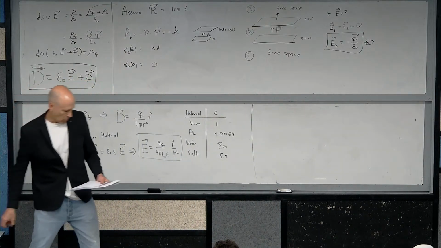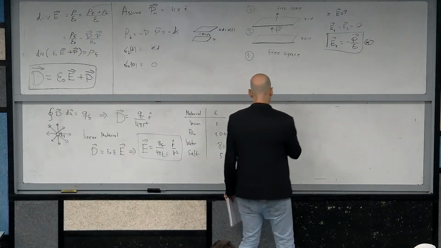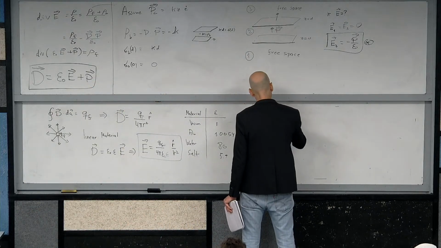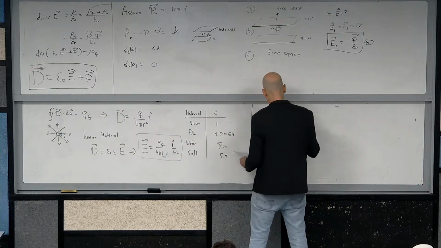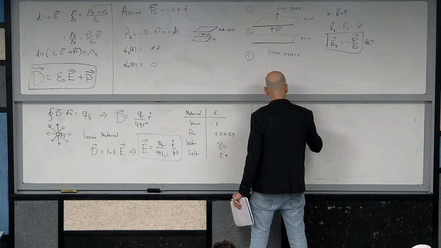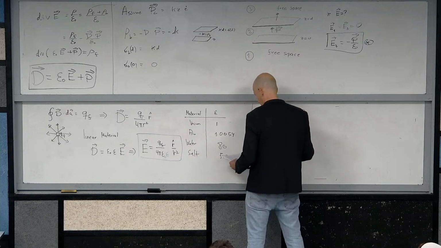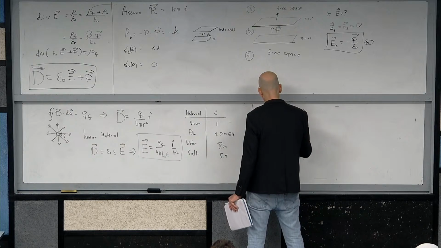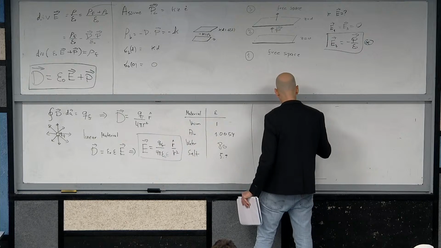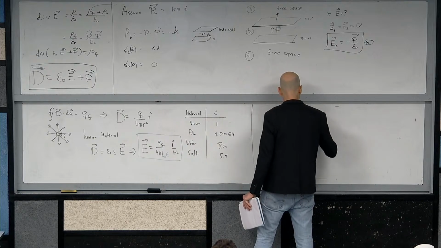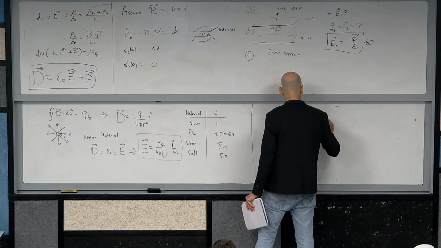Always, div E, this is like a law of nature if you want, is rho free plus rho bound divided by epsilon 0. Div D is equal to rho free. These two equations are general, always.